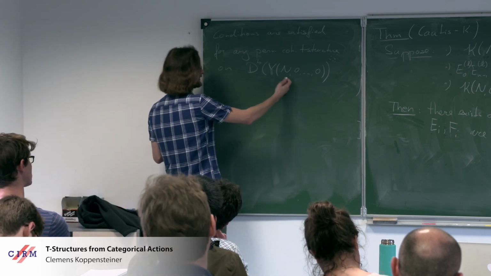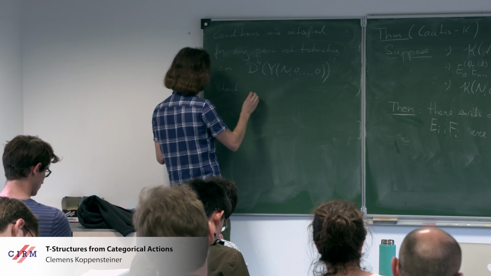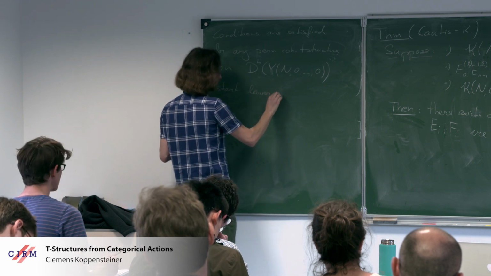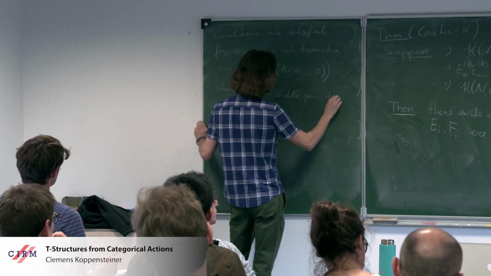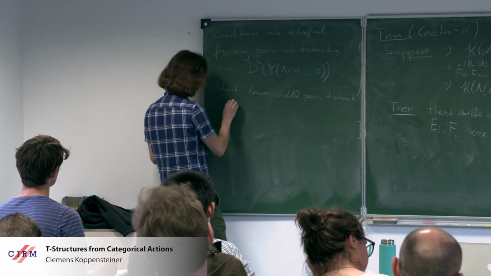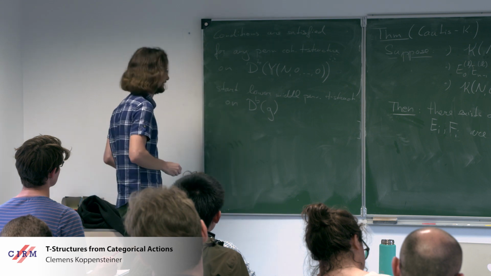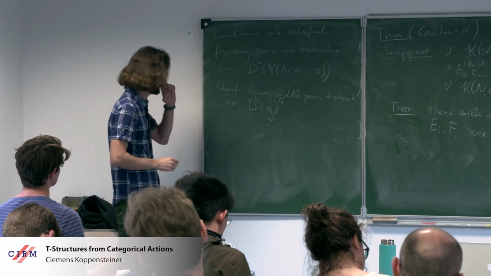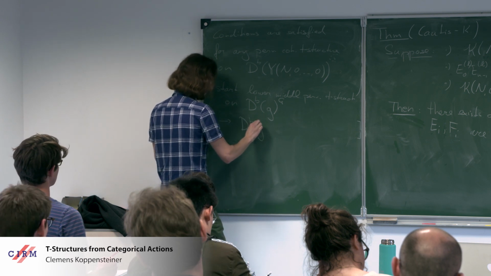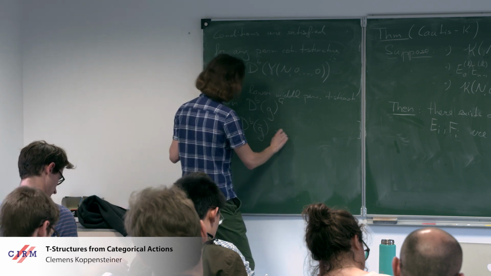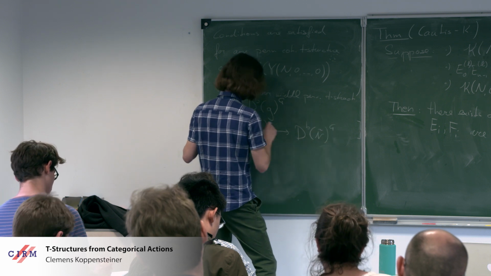So if you start with the lower middle perverse T structure, this T structure in the specific case of just dB of G equivariant, then we get a T structure on dB of G tilde, and then we can restrict the T structure to dB of N tilde, or everything equivariant.